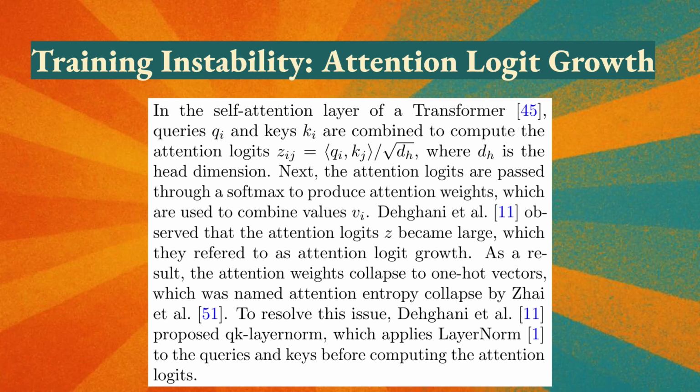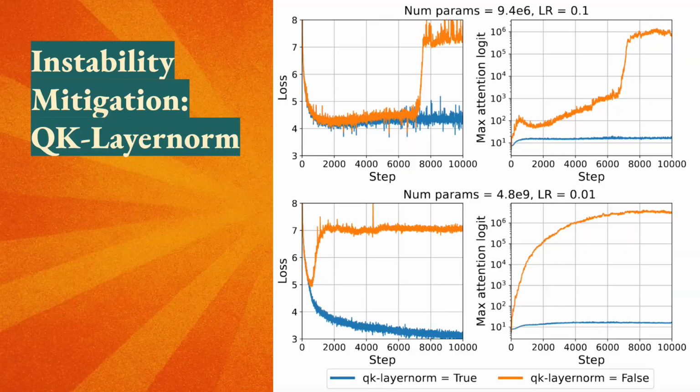Here is an example of what this looks like in practice. On the y-axis, we have max attention logit. On the x-axis, we have the training step. In orange, we have QK-layernorm equals false, so we're not applying QK-layernorm. In blue, we have QK-layernorm equals true.